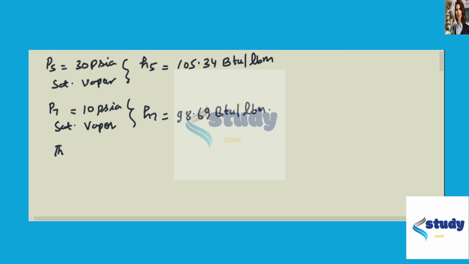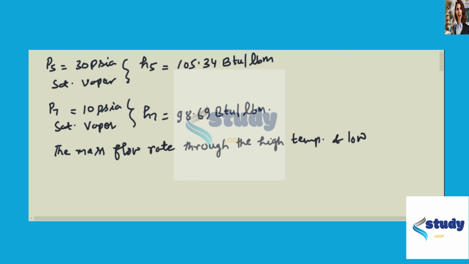The mass flow rates through the high temperature and low temperature evaporators are found.